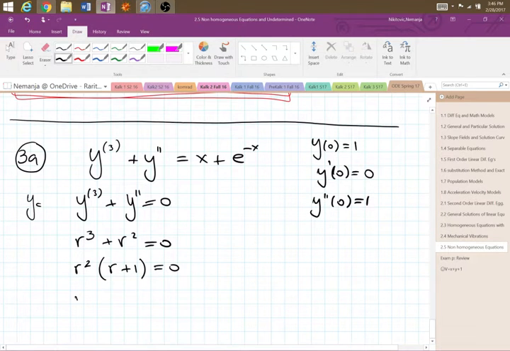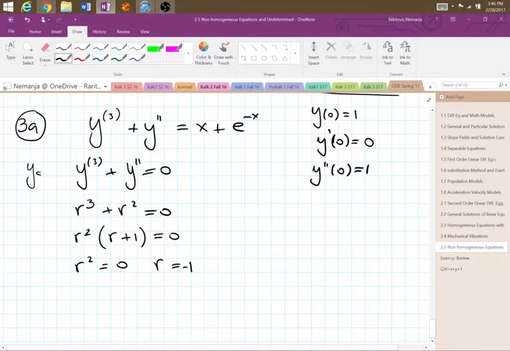So we have r squared equals 0 and r equals negative 1. So we have r equals 0, multiplicity 2, and we have r equals negative 1.